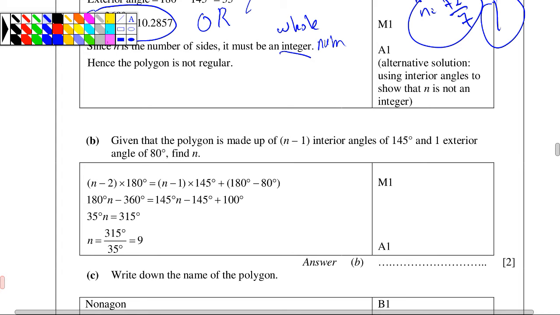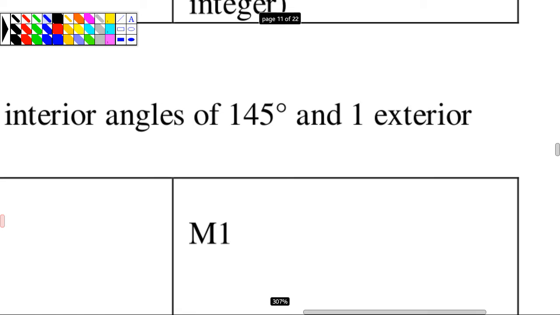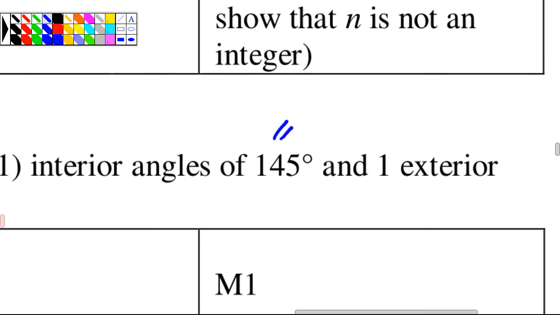Now, n minus 1 sides. N minus 1 interior angle 145. That means how many angles is 145? 1. Wrong. How many angles is 145? Is it n minus 1 or is it n minus 2?